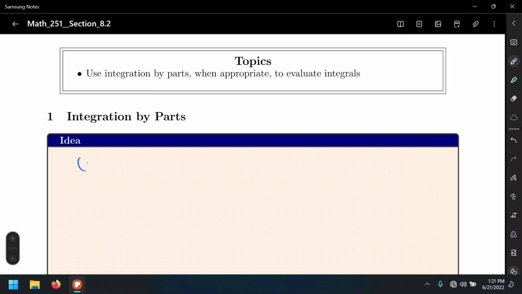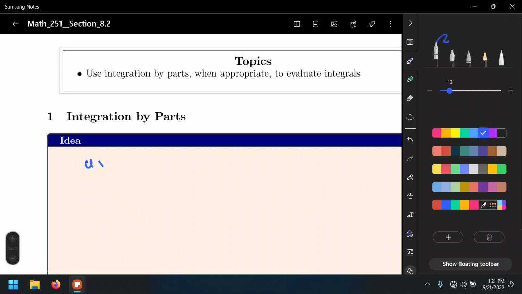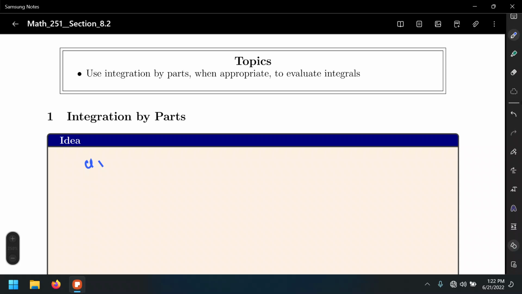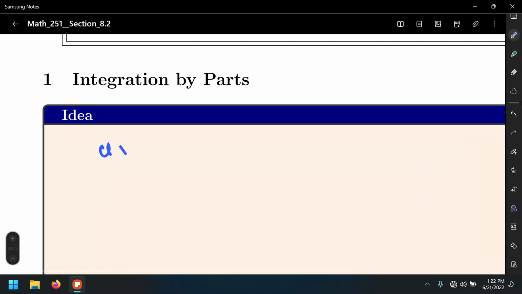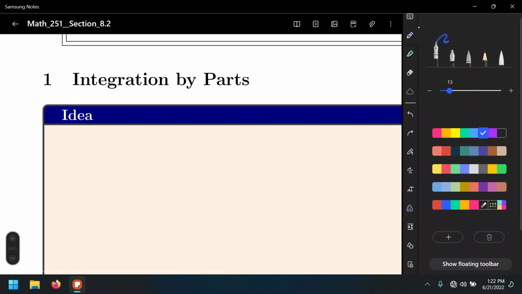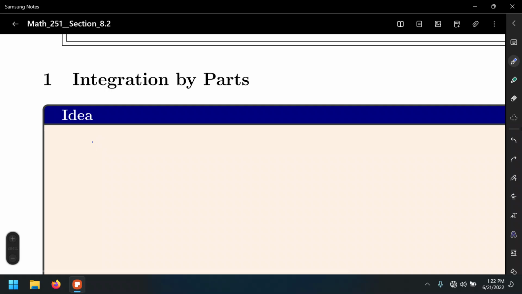Whenever we have a product u times v, all right, whenever we have a product of two functions u times v, we want to take the derivative with respect to x, right?